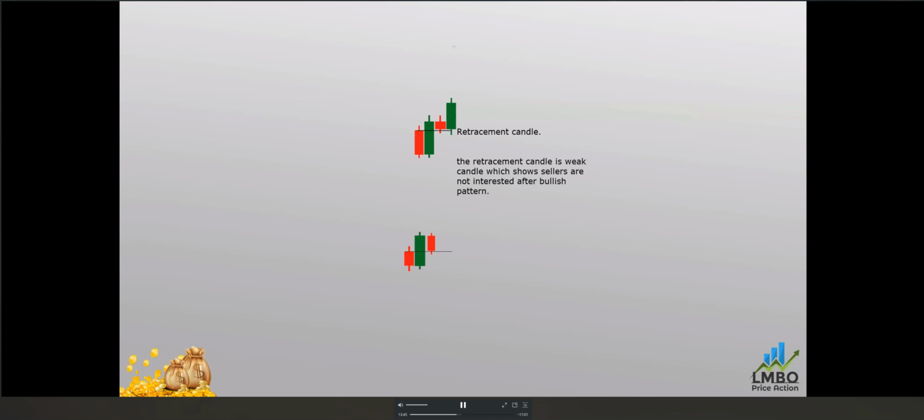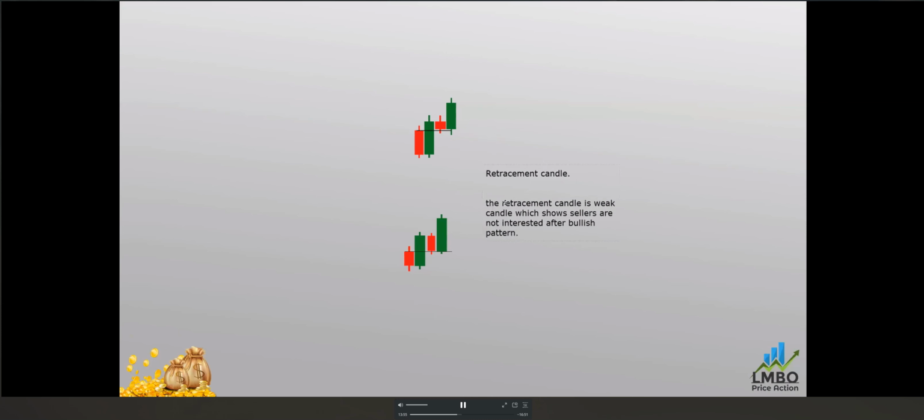The next candlestick from here, you can expect a green candlestick. Market will move up. So this is also a retracement candle, right? So I can write here that these are the retracement candles. Okay, got it? Clear?